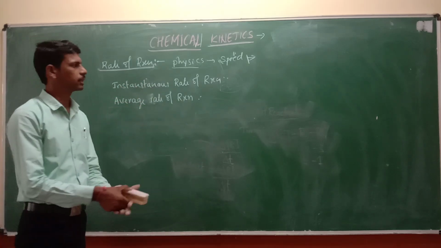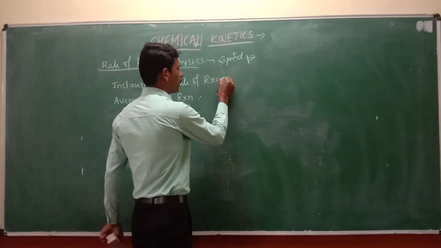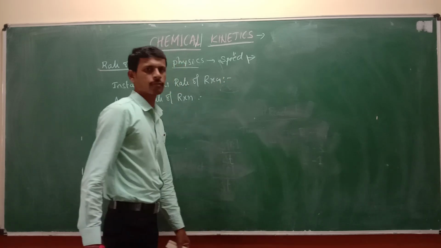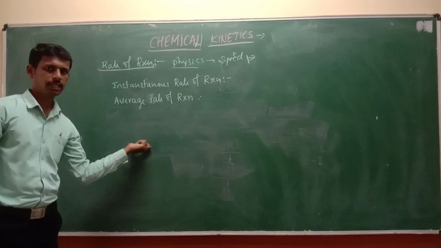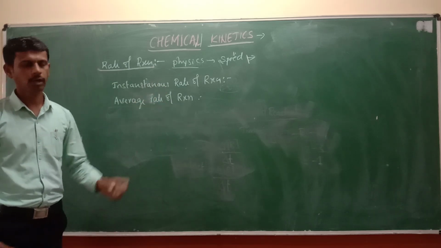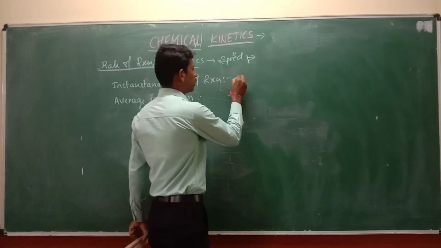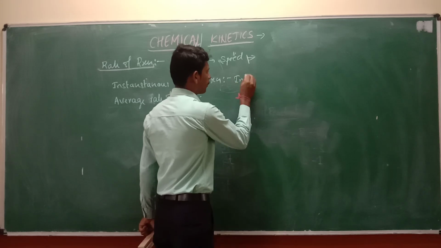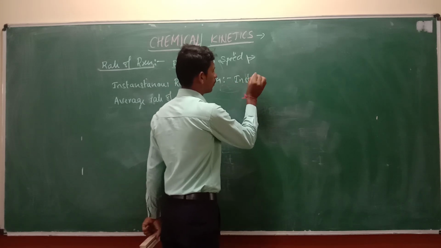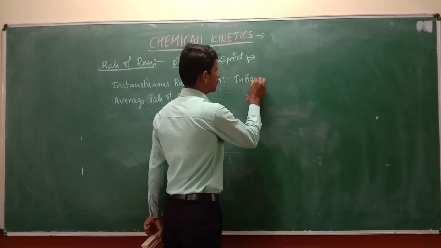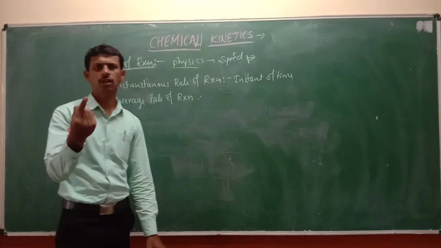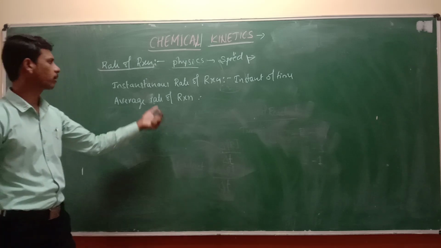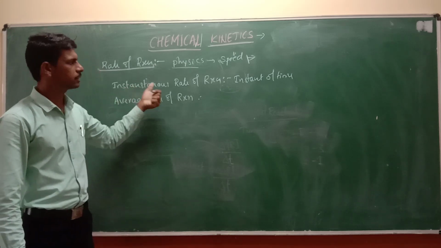The instantaneous rate of reaction is the rate of reaction, the change in concentration of any one of the reactants or any one of the products, at a particular instant of time. Since we find the rate of reaction at one particular instant of time, we call it the instantaneous rate of reaction.